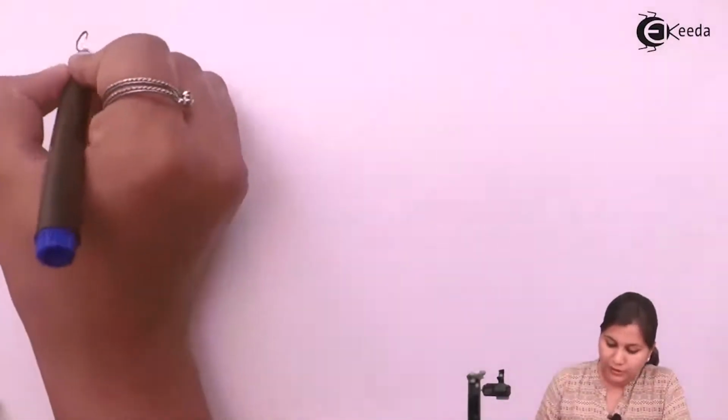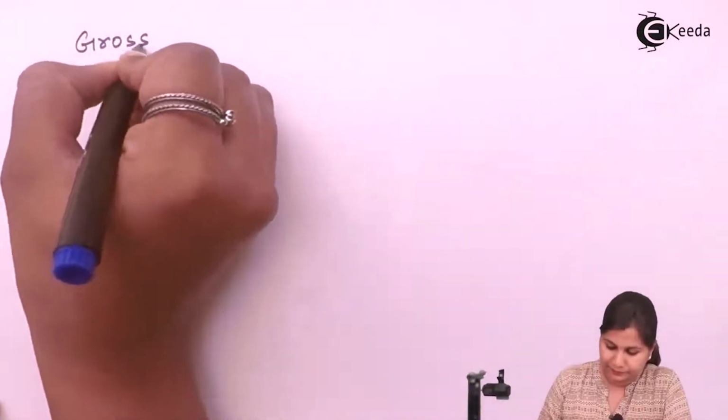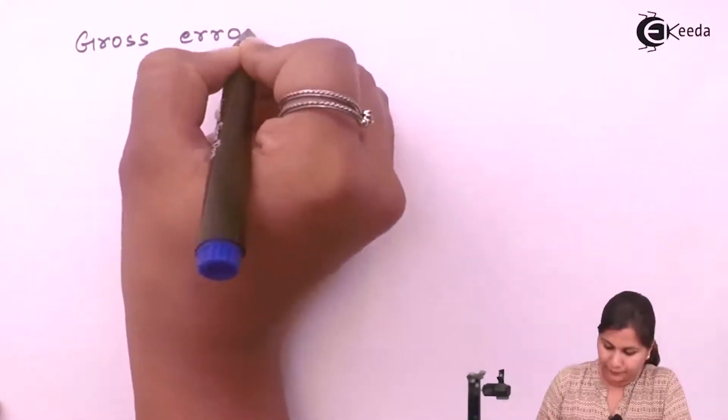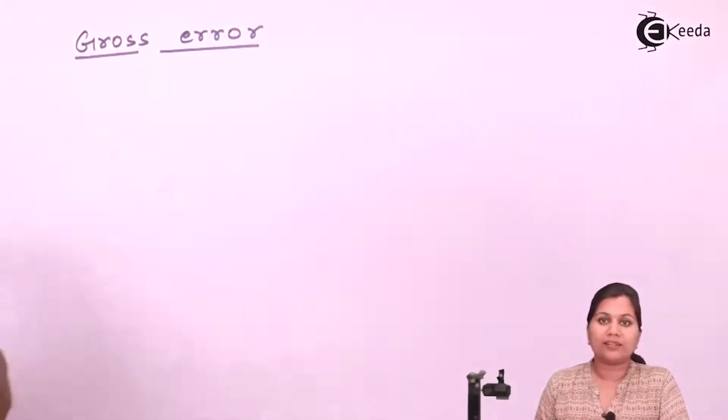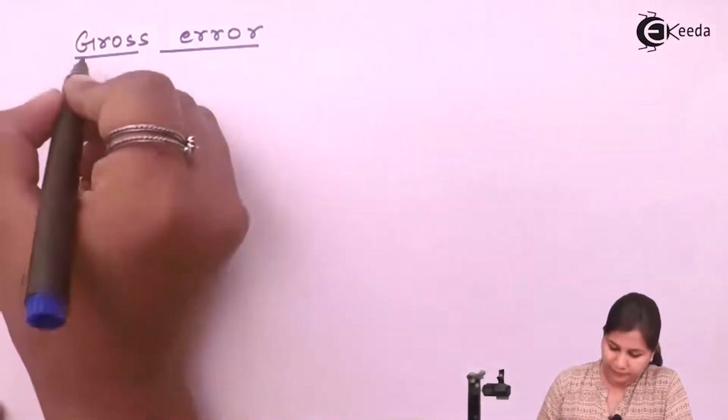As I have said, there are various types of errors, and the first type of error is the gross error. Why does gross error occur in the measurement?